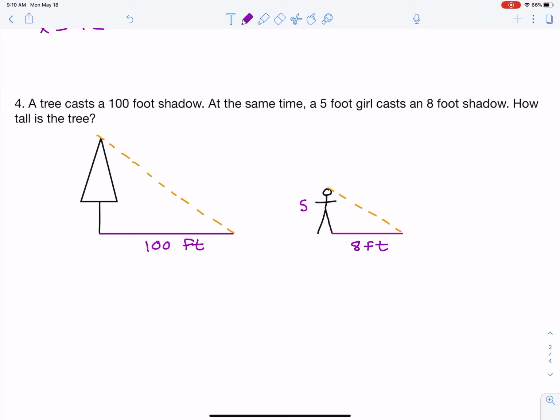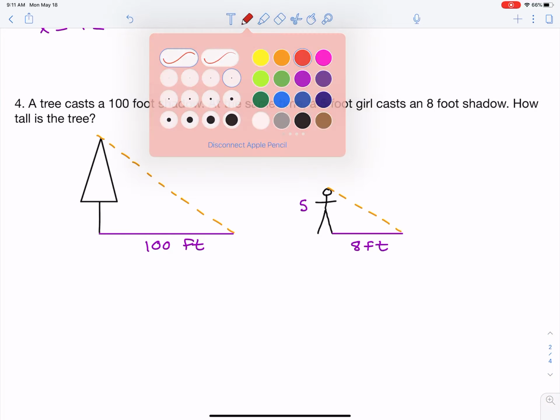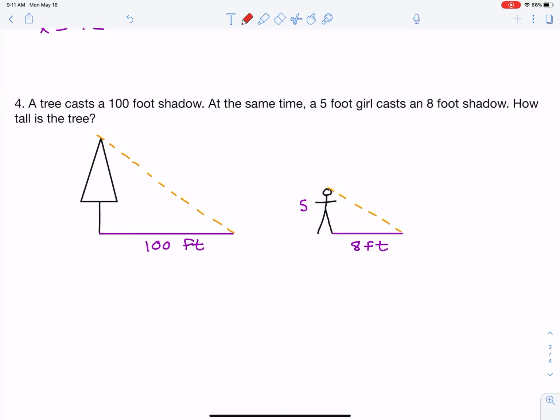Again, we're going to set up our two triangles. These triangles are similar. How do we know they're similar? Since the angle from the sun has to be the same, because it's the same time of day, this angle right here has to be congruent to this angle right here.